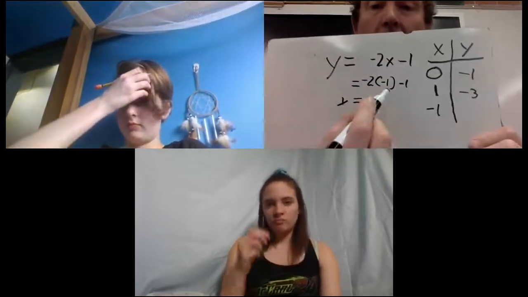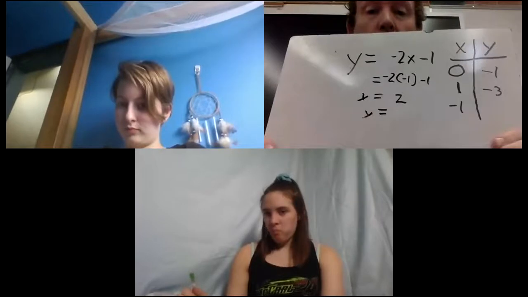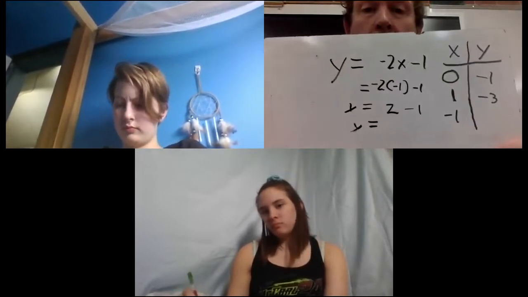Okay, now let's switch it and go with, what if x was -1? Okay, now we go back through. -2 times -1. Since they're both negative, that makes it a +2 minus 1.